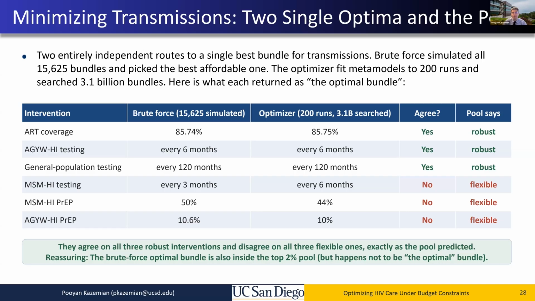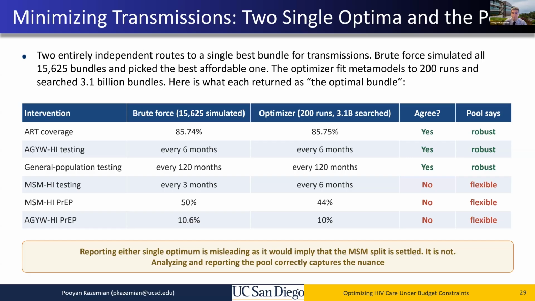It is reassuring to note that the one that the brute force approach found was also among the solutions in the top 2% that we had in the solution pool. It just happens to not be the optimal bundle. So reporting either single optimum is misleading, as it would imply that the MSM split is settled while it is actually not.